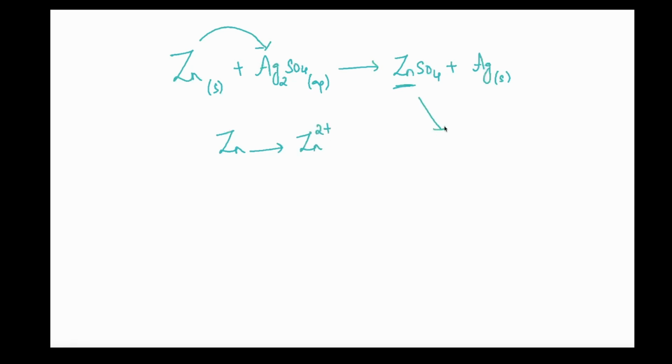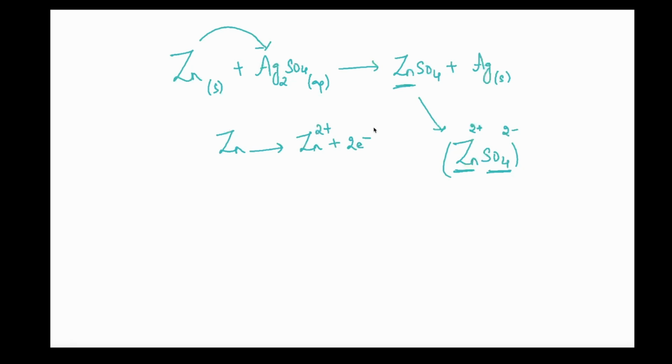Okay, so if you look, zinc sulfate is an ionic compound because zinc has lost 2 electrons while sulfate has gained 2 electrons. This is how this bond forms. Zinc will lose 2 electrons while oxygen will gain those 2 electrons, and this is how zinc sulfate is formed.